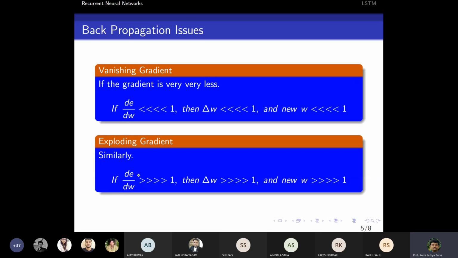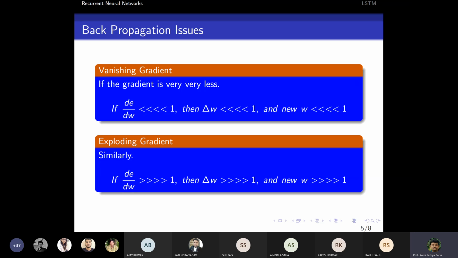What is this? If dE by dW is very much greater than 1, then delta W, the change in weight, will also be very high, and then the new weight will also be very high. So every time the result will be very high. Like in the vanishing gradient, for predicting the next word we need to understand the context, that is the long term dependency.